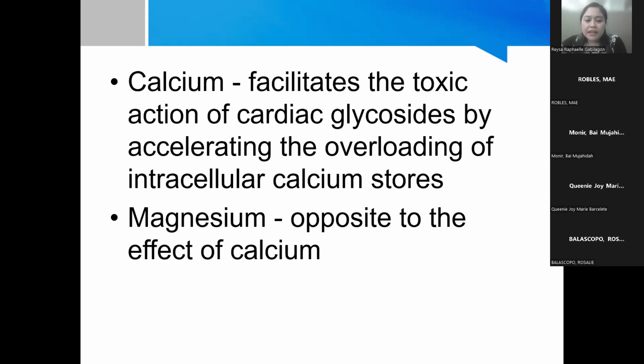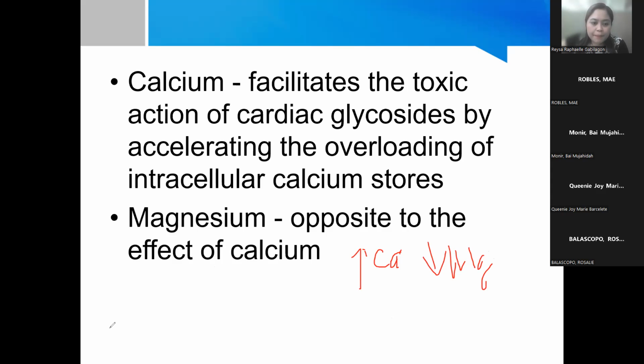Okay? So sa magnesium naman, it's the opposite for the effect of calcium. Kasi yung calcium and magnesium sa lawas, sa body class, baliktad yan sila. Pag tataas si calcium, bababa yan si magnesium. Okay? Bababa yan siya.